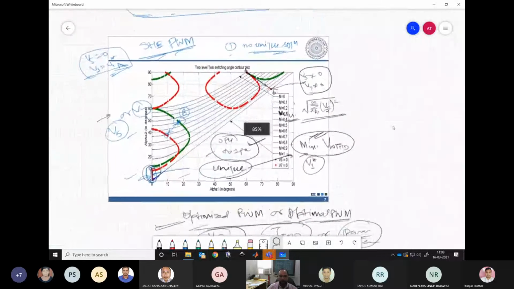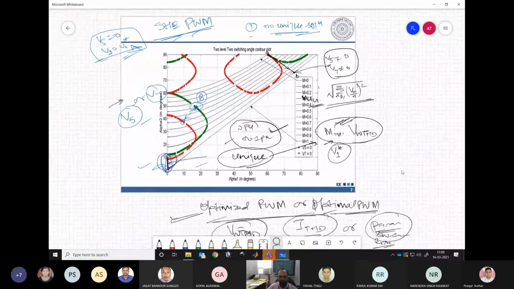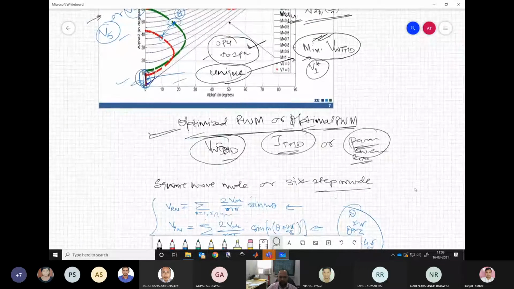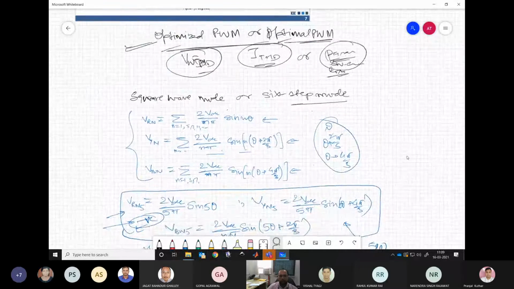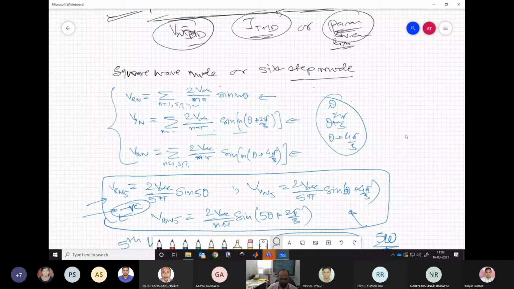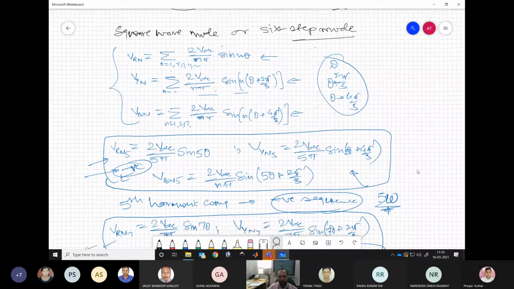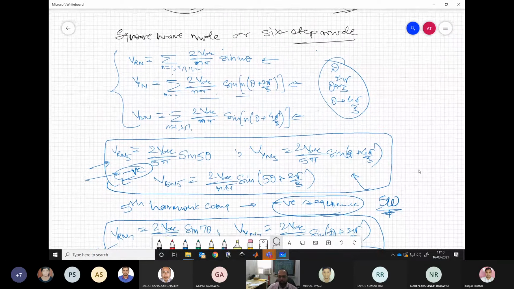So whichever parameter we can define in terms of switching angles, that we can minimize. Now then we wanted to see how the torque harmonic, which is more relevant to the motor drive, is getting generated in the system, and how we can get rid of that.